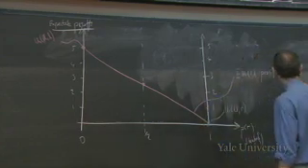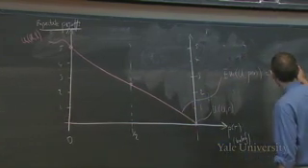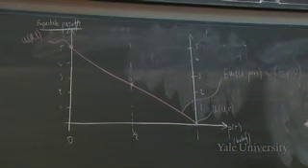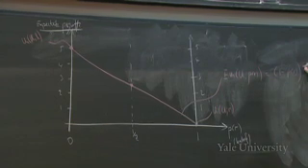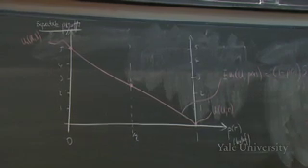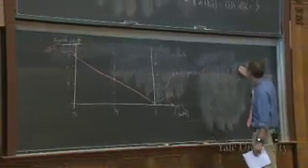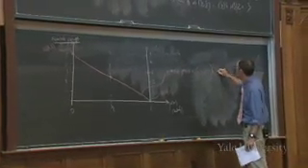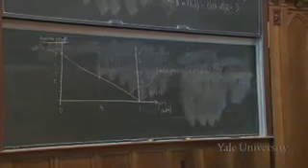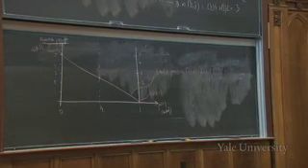And the equation is 1 minus the probability that they choose right, in which case I get a payoff of 5, plus the probability that they choose right, in which case I get a payoff of 0. It doesn't really matter, but that's the equation of that line.